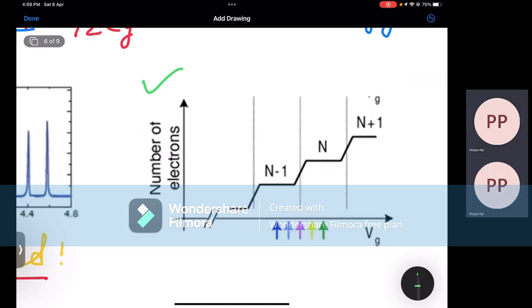So you can see the number of electrons which are added into this quantum dot. For example, there are n number of electrons in the quantum dot.